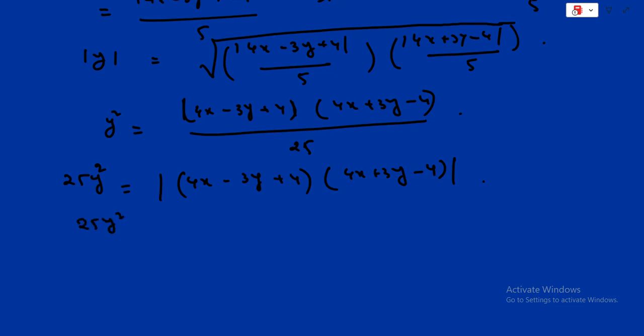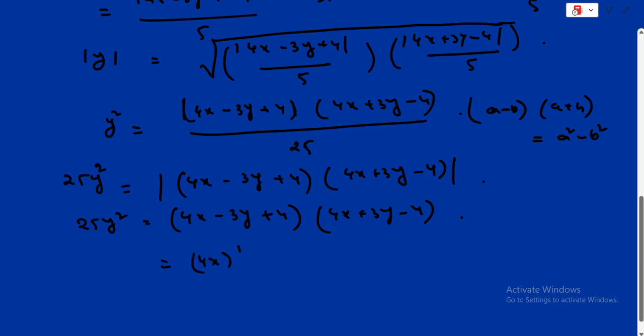Now use the identity (a - b)(a + b) = a square - b square. So we get (4x) whole square minus (3y - 4) whole square. Now expand. This is basically 16x square - 9y square + 24y - 16.